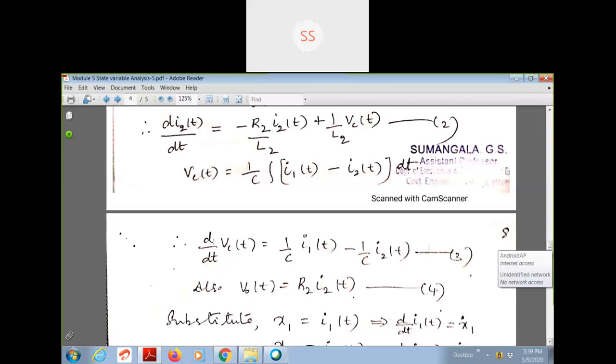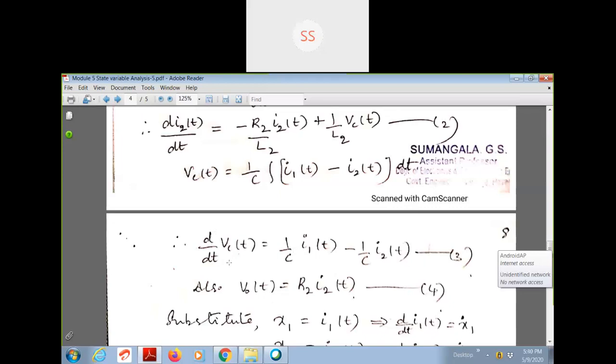So d by dt of Vc of t equal to, now the integral here will be equivalent to 1 by c into I1 of t minus 1 by c into I2 of t. That's all.